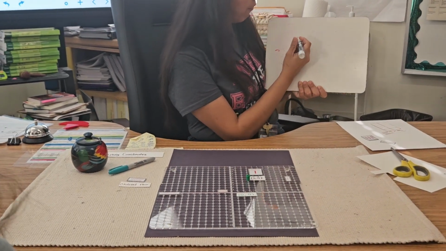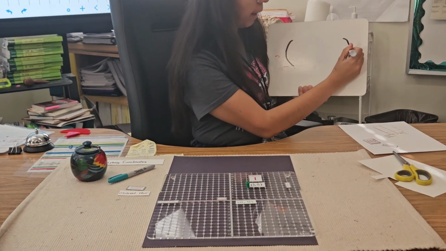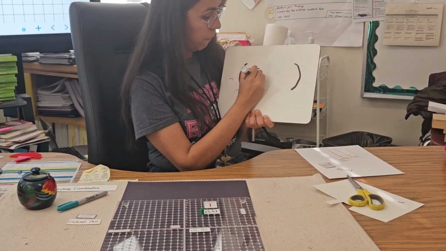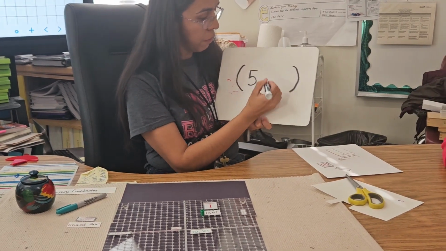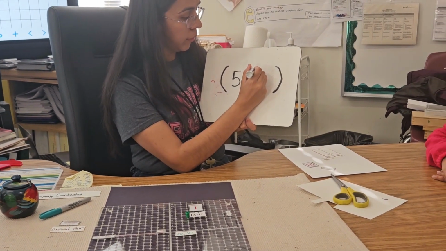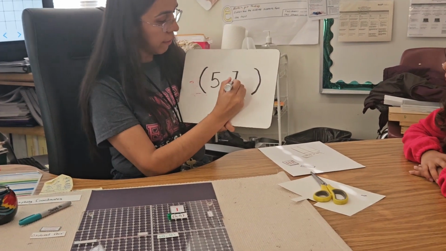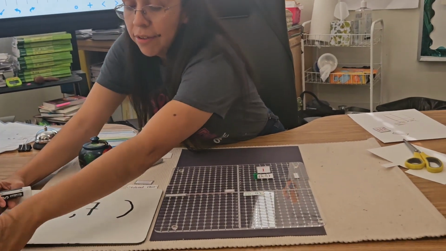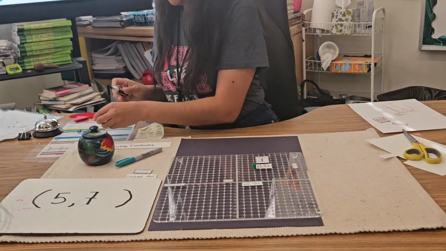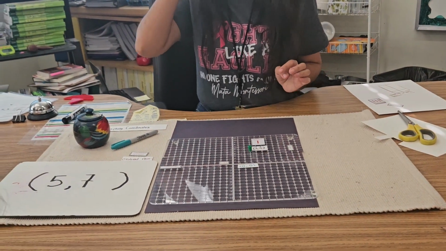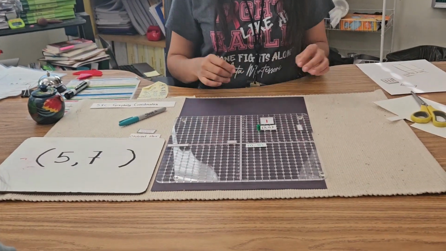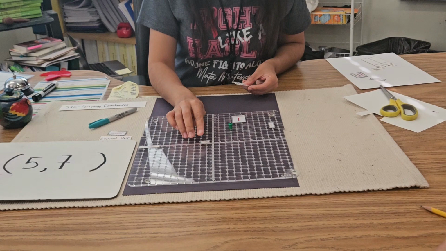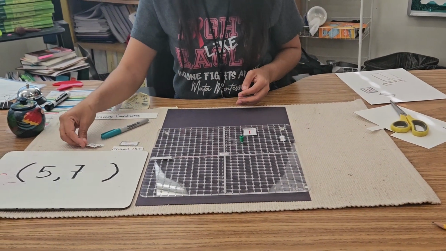My first ordered pair is going to be 5 for my x value and 7 for my y value. Would anybody please tell me what I'm going to do first? I'm going to clear my board, but I'm still going to leave my labels so that you guys can see.